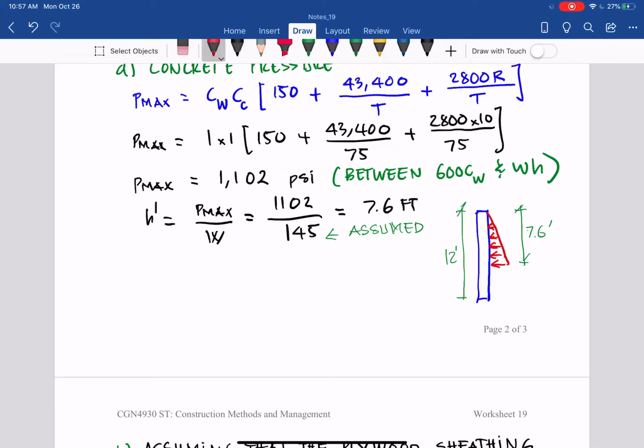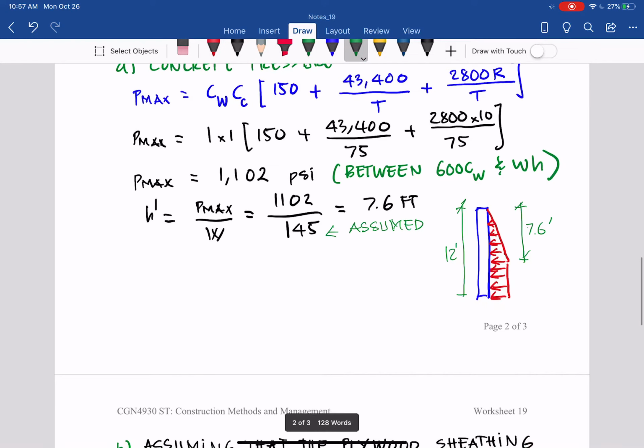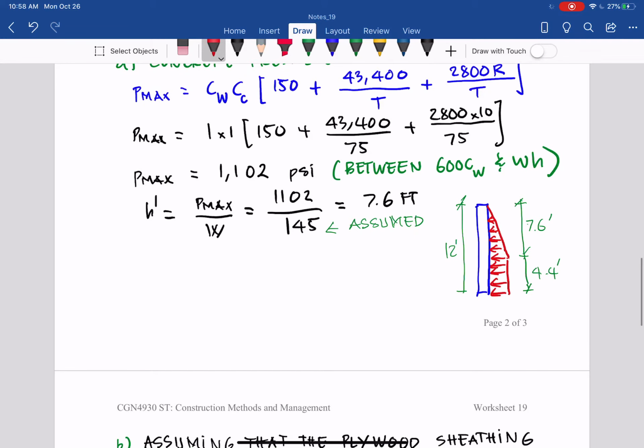Then the P max will be uniform for the remaining of the height, and of course if you subtract from 12, it will be 4.4 feet. So that is the distribution, and the P max here is equal to 1102 psf.